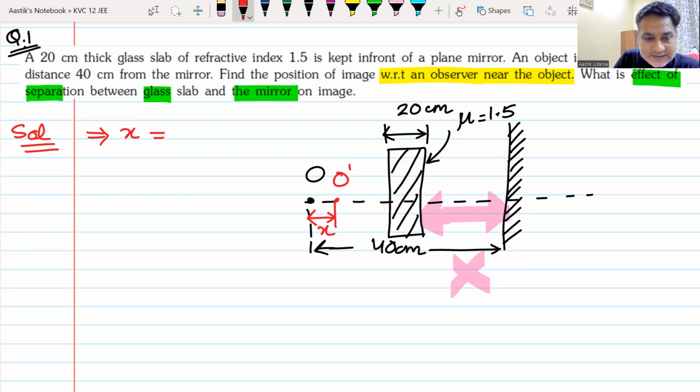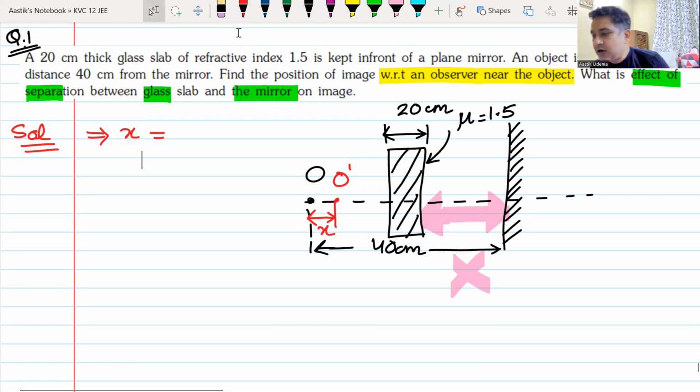I hope everyone can see my screen. Can you tell me how we are going to find the value of this x? Do we remember this, or shall I tell you how to find it out?